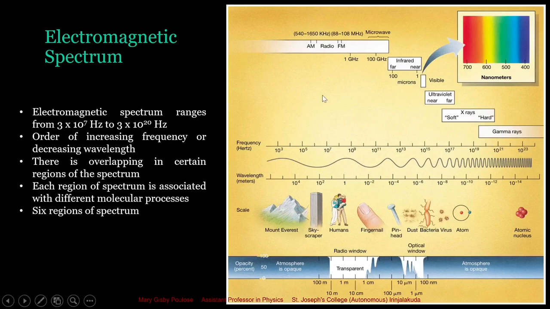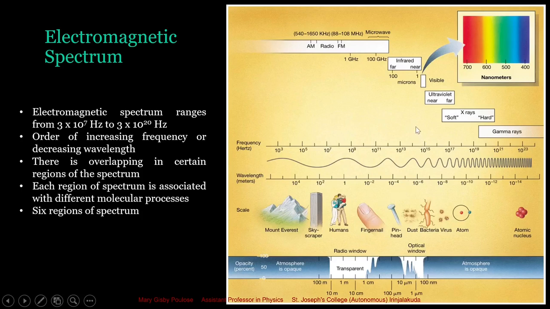All these radiations pass through the Earth's atmosphere. But the Earth's atmosphere is transparent only for radio waves, visible light, and infrared rays. So these two windows show that the atmosphere is opaque for all other radiations and it is transparent only for the visible light, infrared and radio waves.